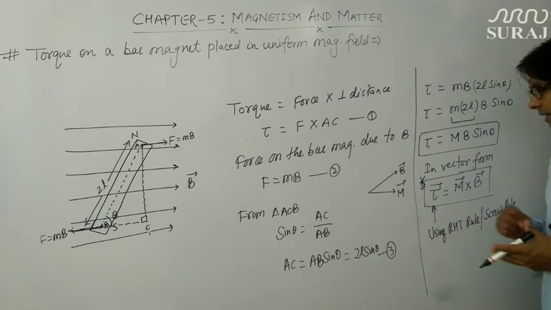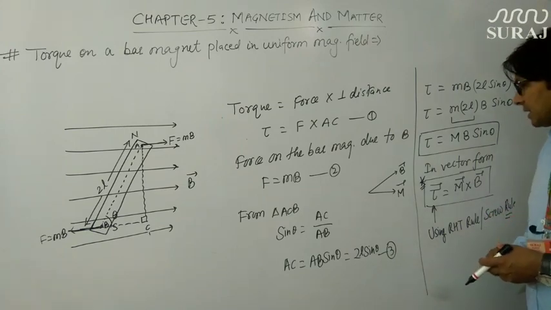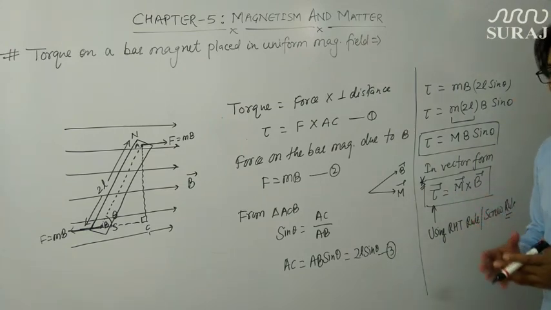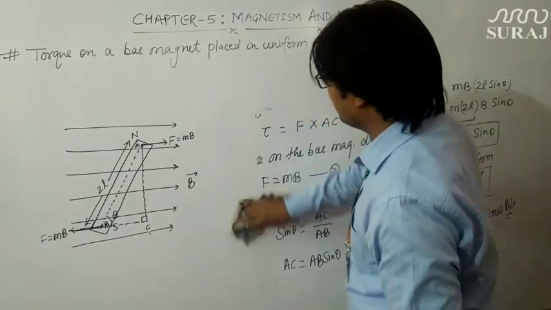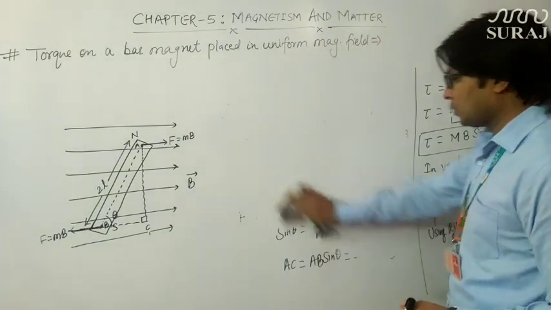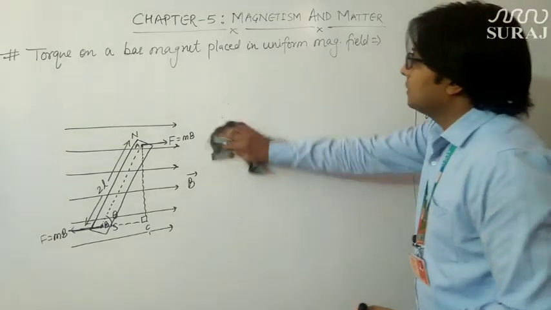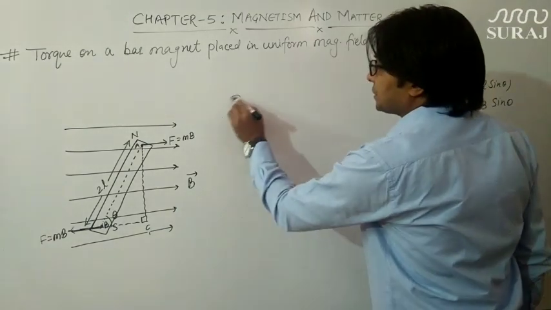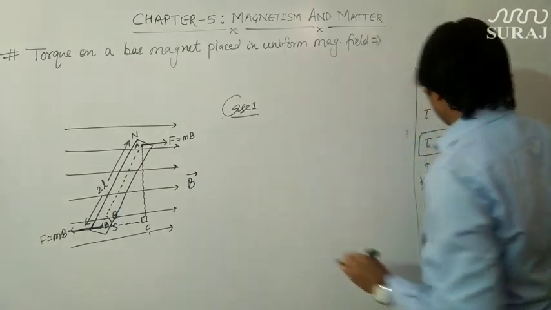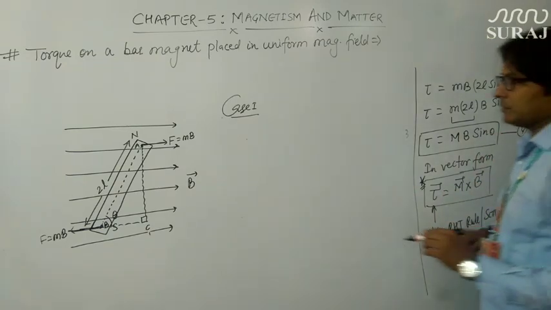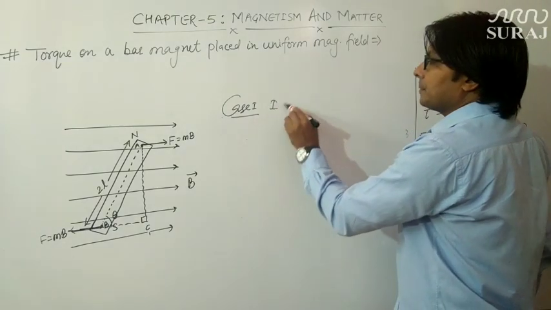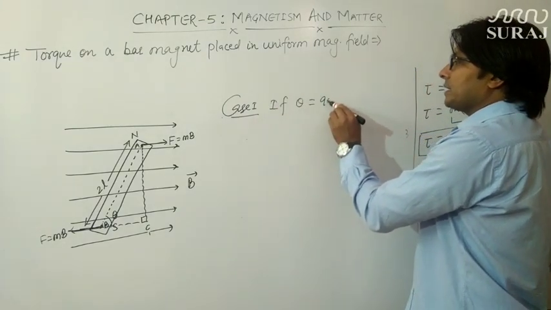Okay. Now we will discuss some special cases of this torque, when this torque is going to be maximum and when it is going to be minimum. I am considering 2-3 special cases. Case first, and we will use this equation. Case first, if theta is equal to 90 degrees.